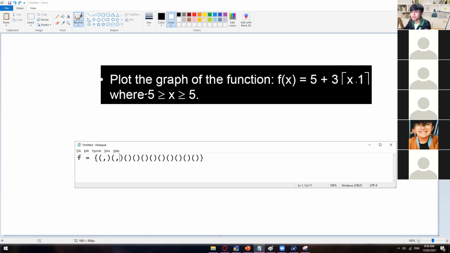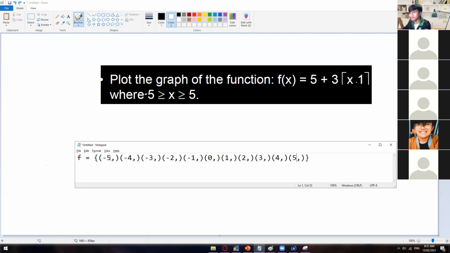Comma. All right, and then we have here the x, wherein it's starting from -5, -4, -3, -2, -1, 0, 1, 2, 3, 4, and then 5.